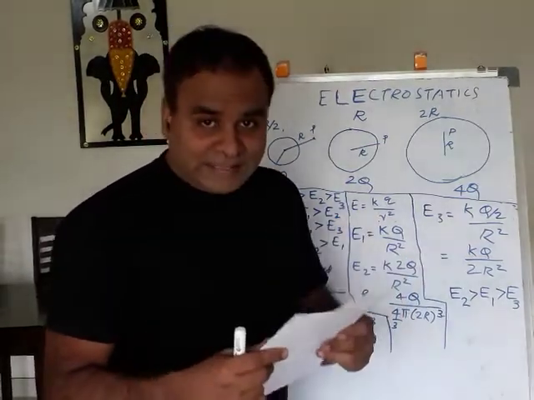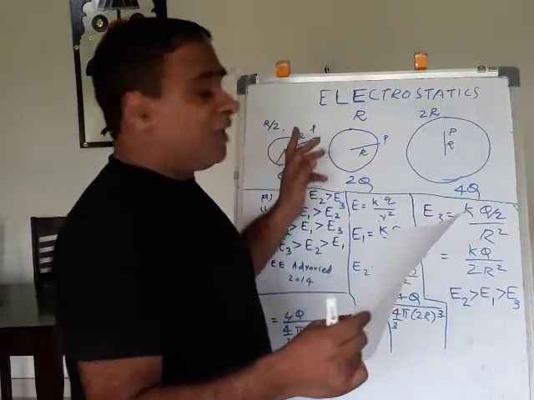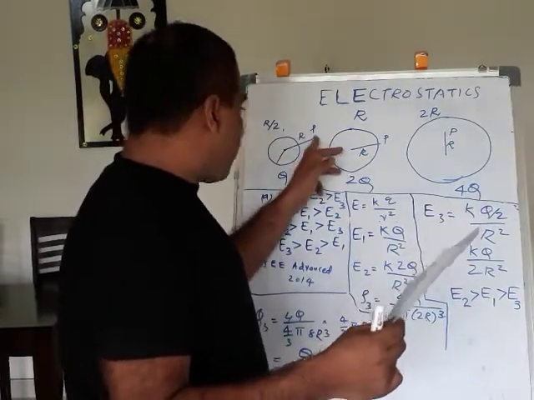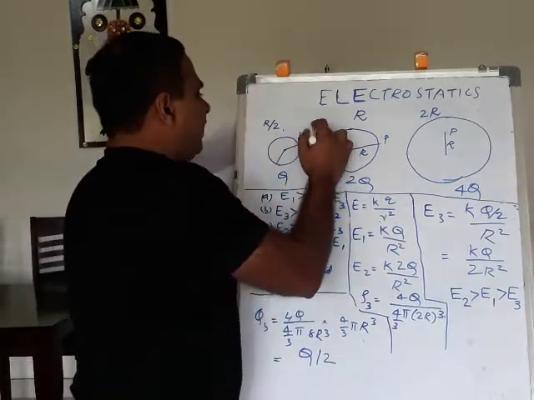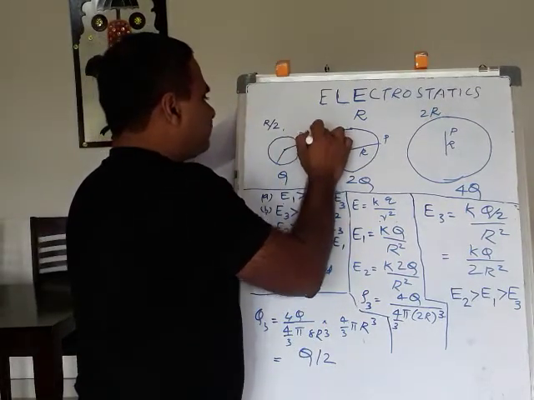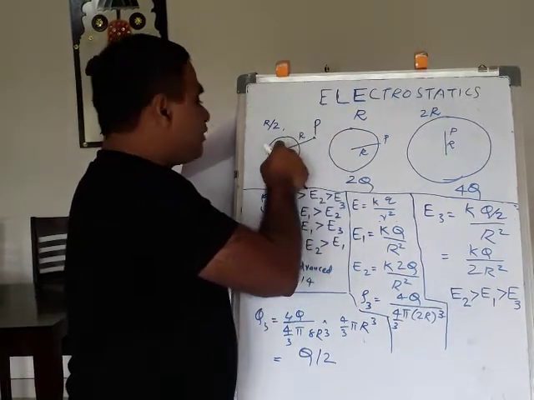I am explaining the second part of the question. This is the point P, which is at a distance r from the center of the sphere.